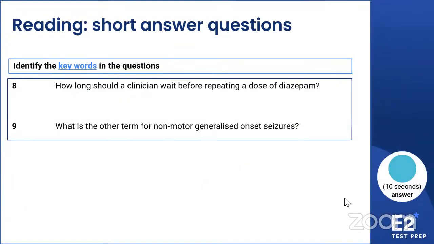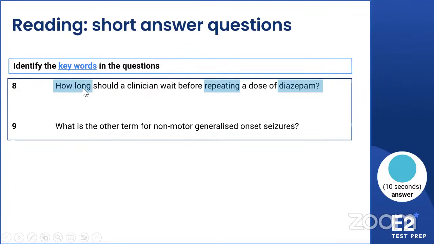So let's have a quick go at identifying the keywords in the question. What do you think for 8 and 9? What are the keywords? So number 8, we might say it's how long.